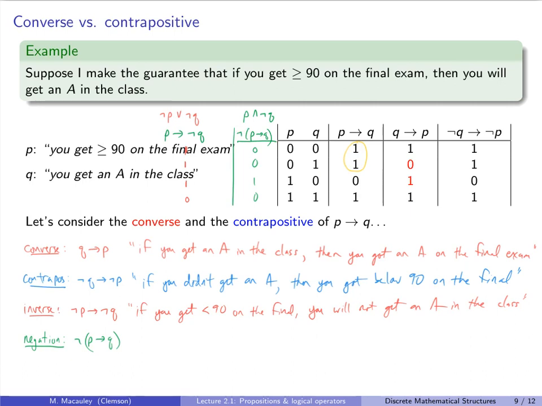So the negation of this, it's not maybe a great way to say it, but this is saying this holds when I've broken my promise of 90 implies an A from the syllabus.